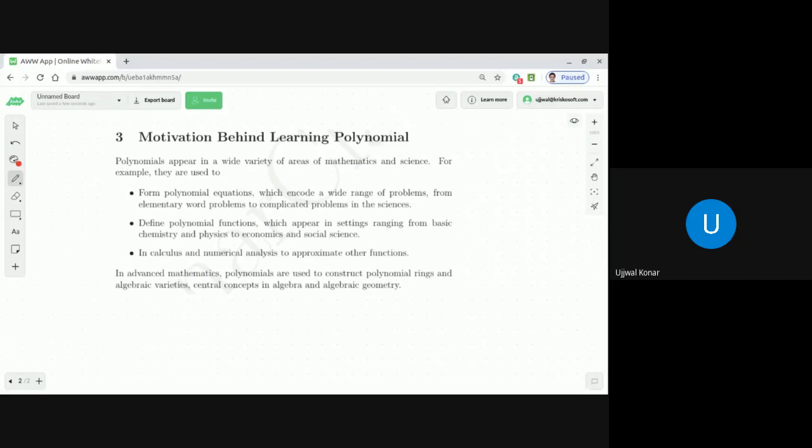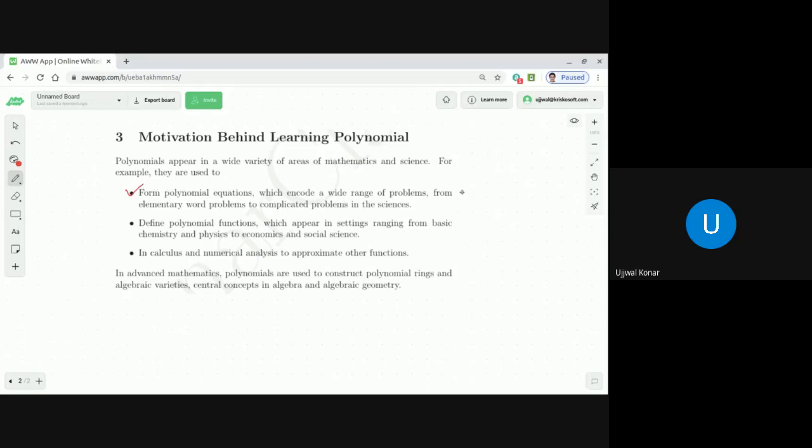So we will see there are real life word problems which can be solved using polynomial equations.